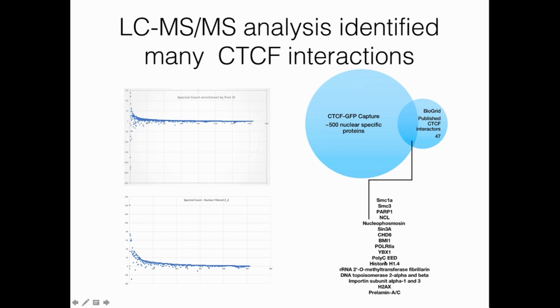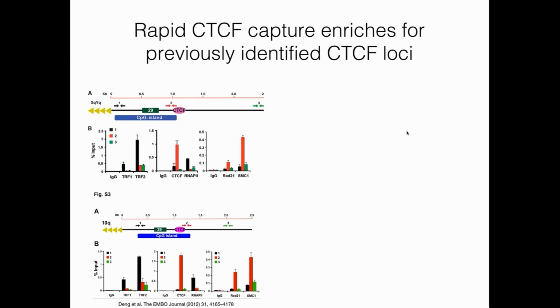We also wanted to quickly establish whether or not we pull down DNA with these pull downs. I found a paper from Paul Lederman's lab where they were interested in the contribution of human subtelomeric DNA and chromatin organization to telomere integrity and chromosome end protection.